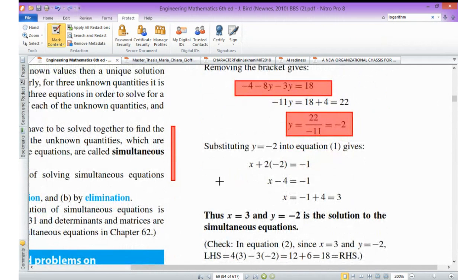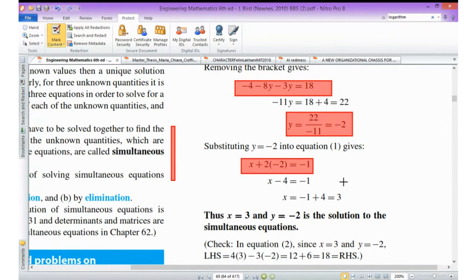So after you found your y, then you do what we call backward substitution. When you found your y, you do backward substitution to find your x. Okay, so you remember the equation that we had at the top there, when you were making x the subject.